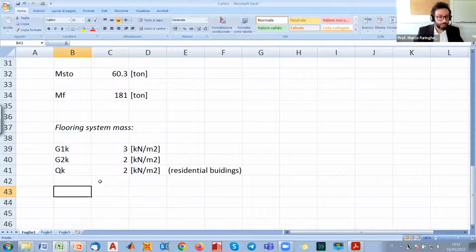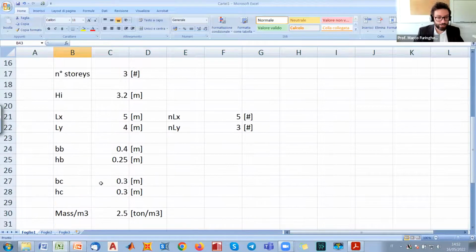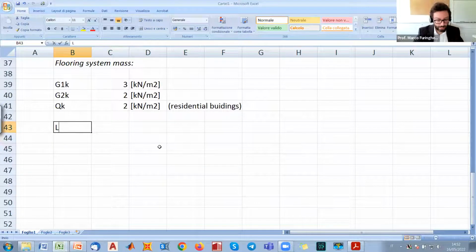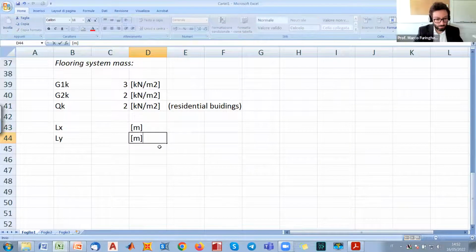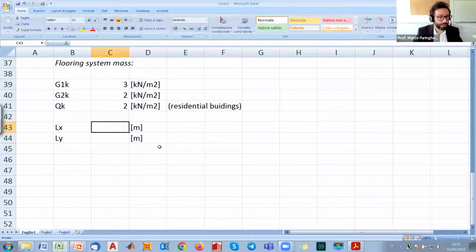So we have the information of, let's say, Lx of the floor, Ly, and the Lx was 25 meters and the Ly was 12.